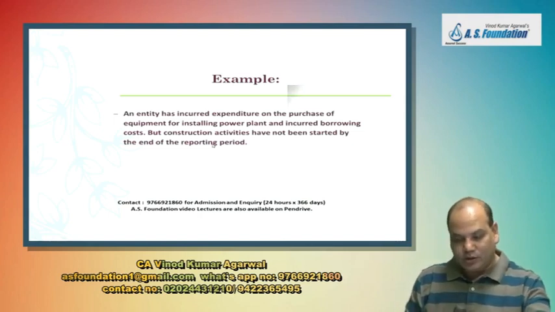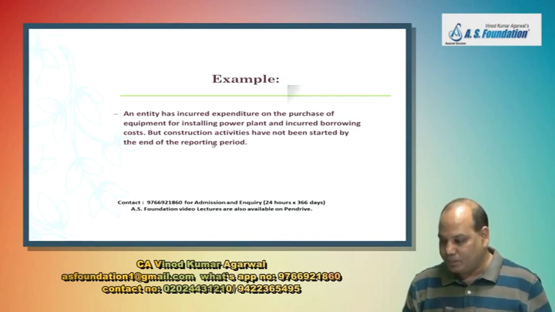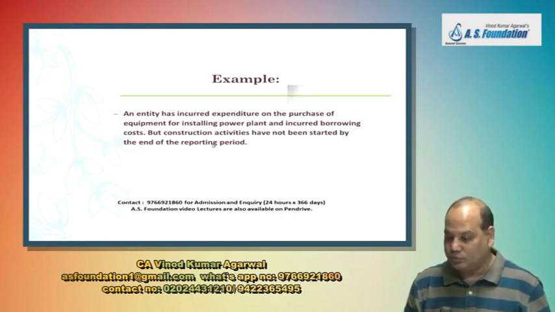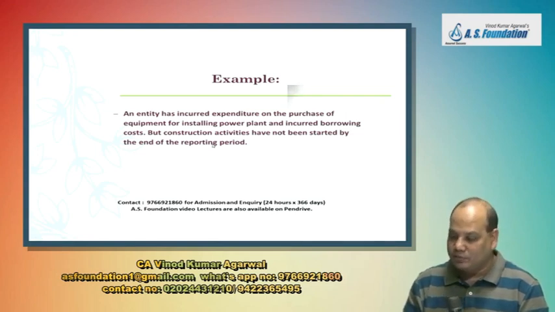Now there is an example printed there. An entity has incurred expenditure on the purchase of equipment for installing a power plant, and incurred borrowing cost. So two conditions are satisfied: expenditure on the qualifying asset has been incurred and the borrowing is incurred. Third condition, but construction activity has not started by the end of the reporting period.